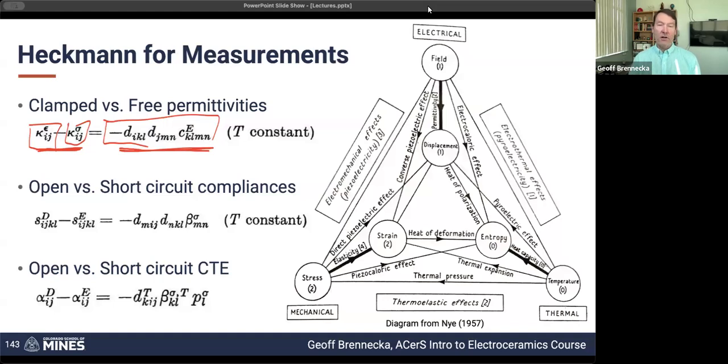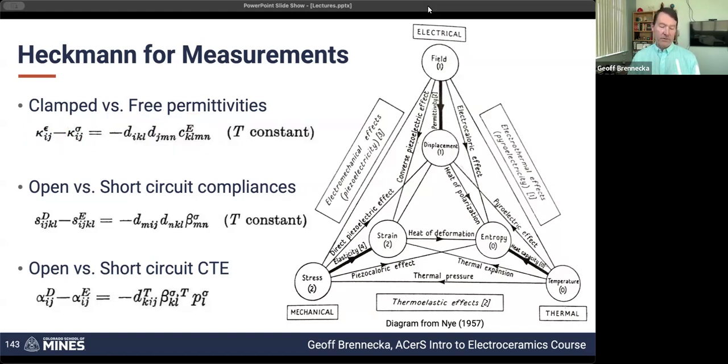Because these are all multiplied together, I can't make a single measurement and get all of the rest of them. But if I'm able to measure stiffness separately under constant field, so if I measure the stiffness when the sample is short-circuited, and then measure the permittivity, I can get the piezoelectric coefficients from that. So that's another useful example.